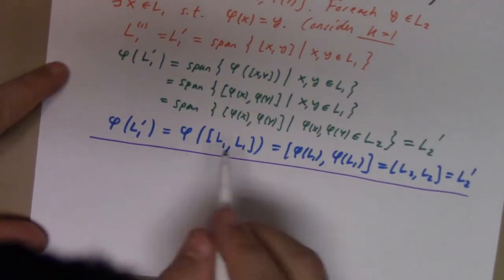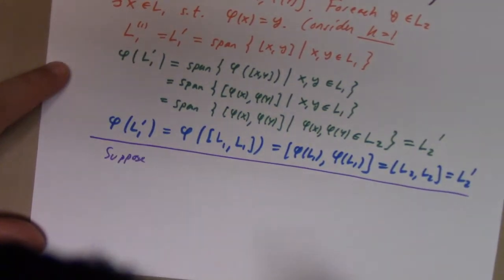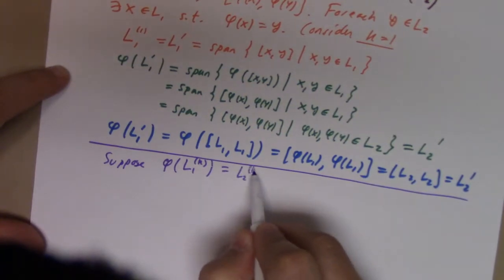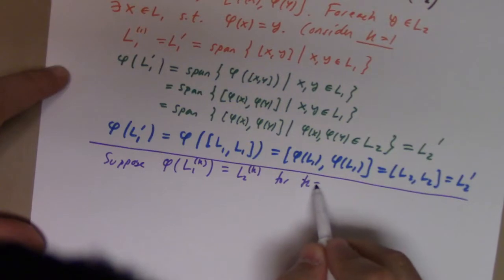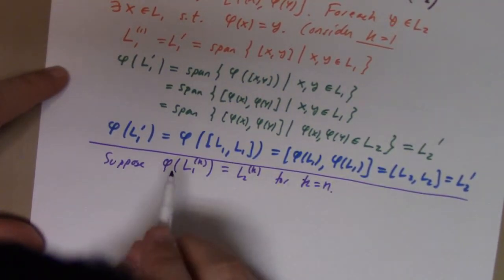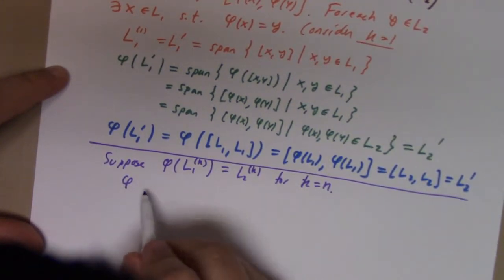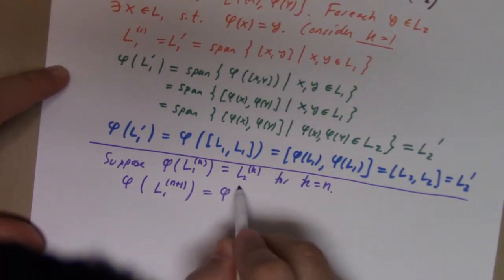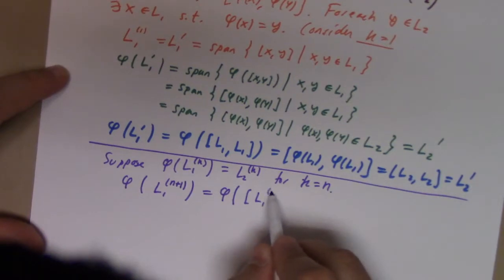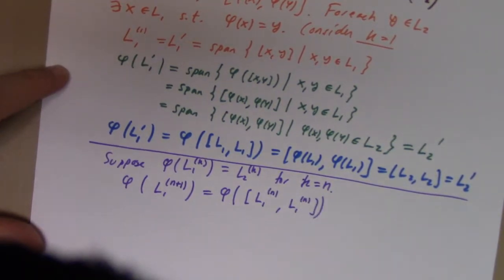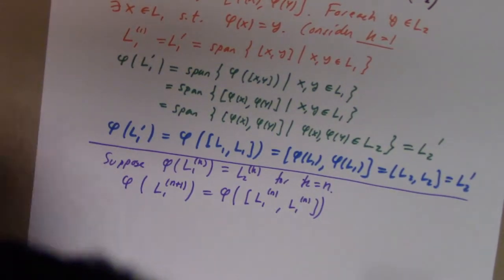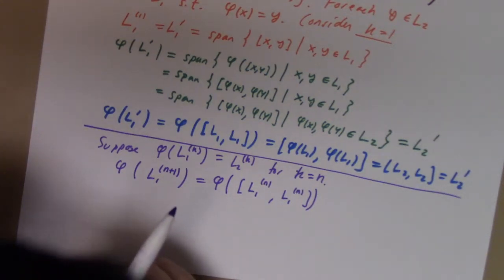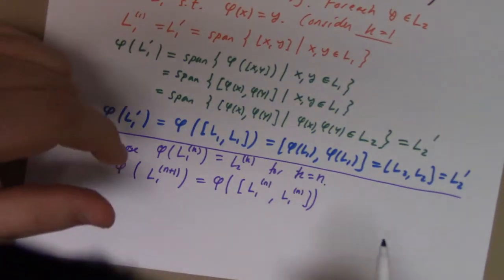Oh, induction then, right? So suppose inductively then that phi of L1 k is equal to L2 k for k equal to n, and let's look at n plus 1. I'll use your notation. So phi of L1 of n plus 1 is equal to phi of the bracket of L1 of n with L1 of n, which is, by the homomorphism... if something's a homomorphism for the whole Lie algebra, it's certainly a homomorphism on subspaces as well.